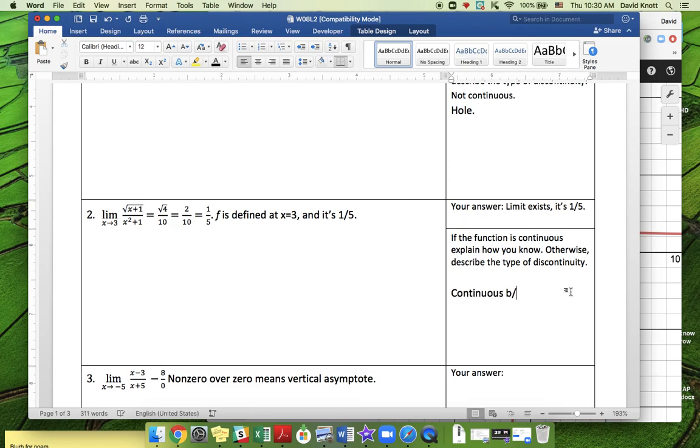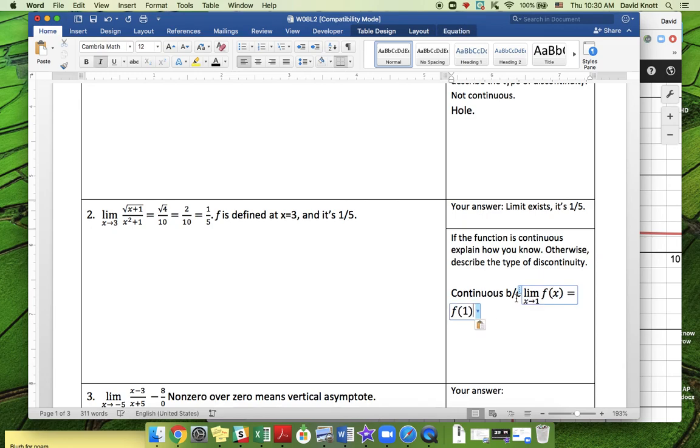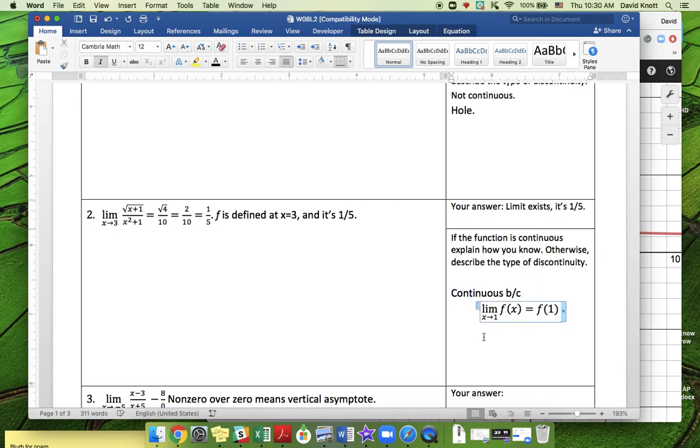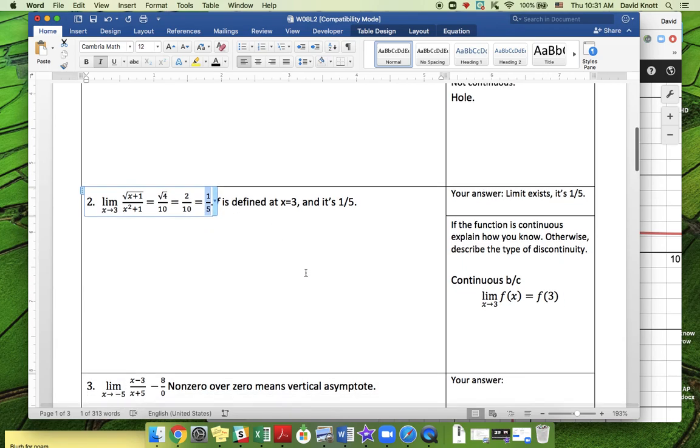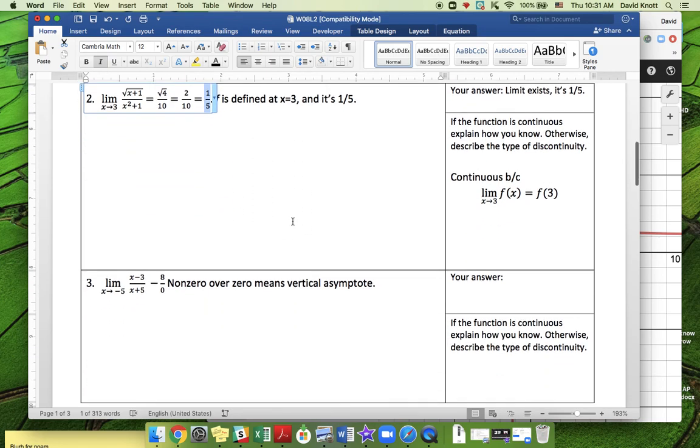Why? Basically because the limit as x approaches 3 is the same as the value of the function at 3, right? Like, this function is defined at 3, and its value is 1/5. So this function is continuous. This is the only continuous function out of all of them, okay?